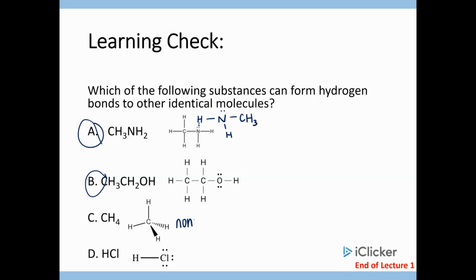CH4 is nonpolar. So not C. CH4 can only have dispersion forces. And then HCl is polar, but the hydrogen is not bonded to an oxygen, fluorine, or nitrogen, so we do not have hydrogen bonding interactions there.